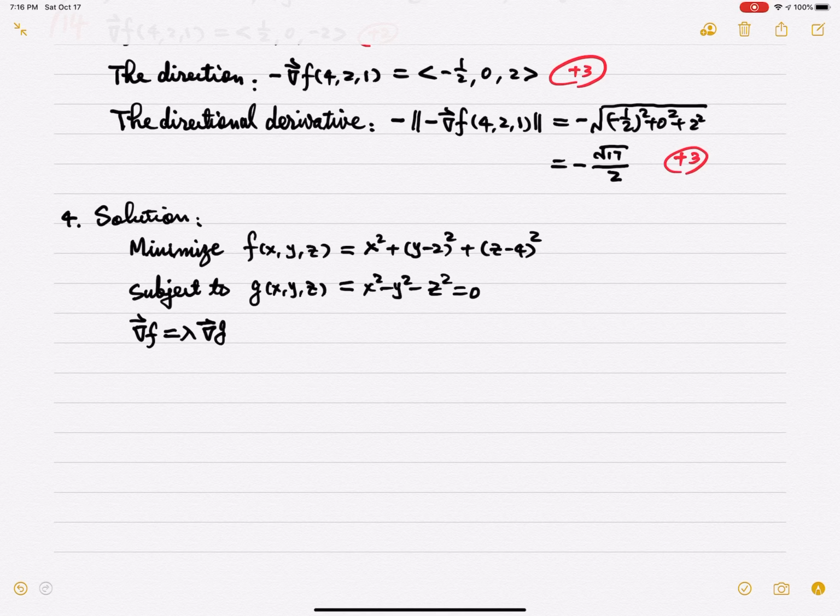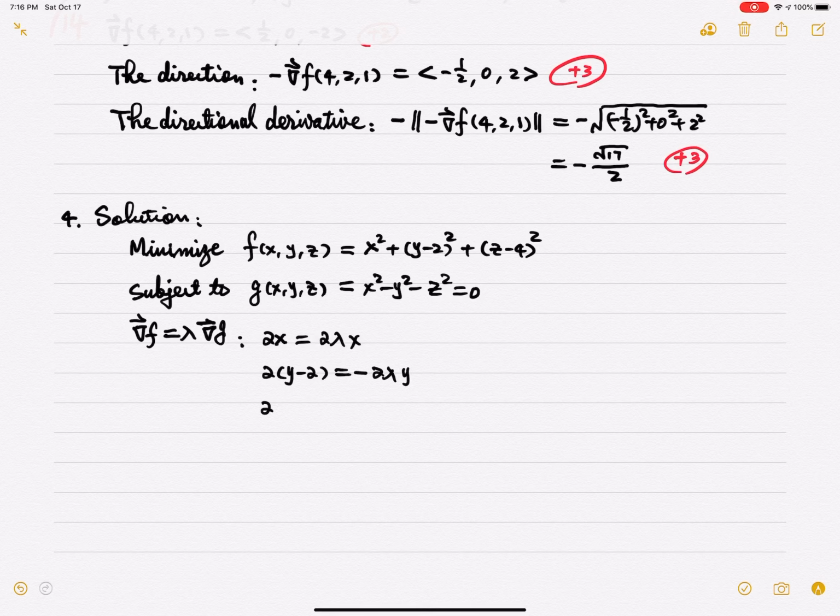Now this gives us three equations. Partial f partial x: 2x equal to 2 lambda x. The second one with respect to y: 2 times (y minus 2) equal to negative 2 lambda y.